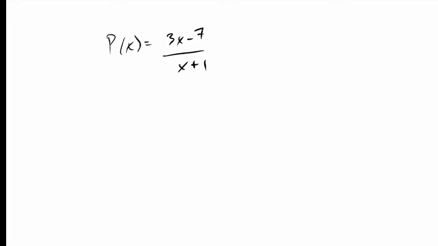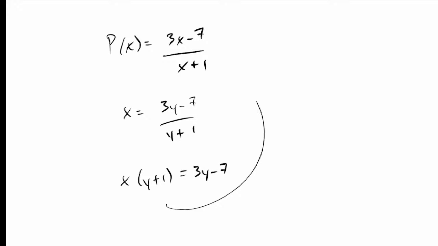So if you want to solve this here, you interchange the x and y's. Step 1. Step 2, multiply across by the denominator, to get rid of the fractions. Step 3, you can distribute your x. I'm looking to solve for y here, so I'm going to bring the y's to one side.